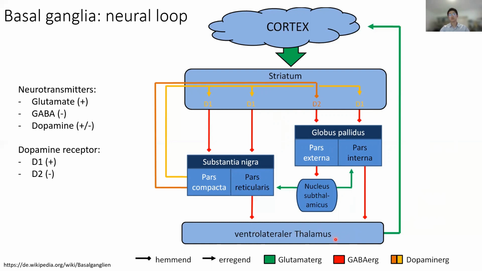Although this is part of thalamus, it's always considered within the basal ganglia structure because it's very tightly connected. Okay, so we have 5 blocks shown here, and we have the motor cortex, which gives command to the basal ganglia, and they receive feedback from basal ganglia. So this is a loop, closed loop.